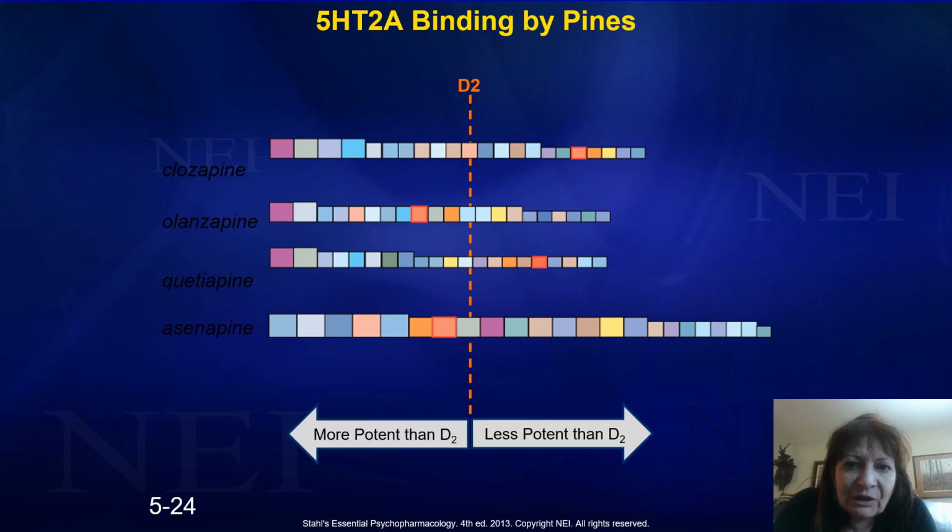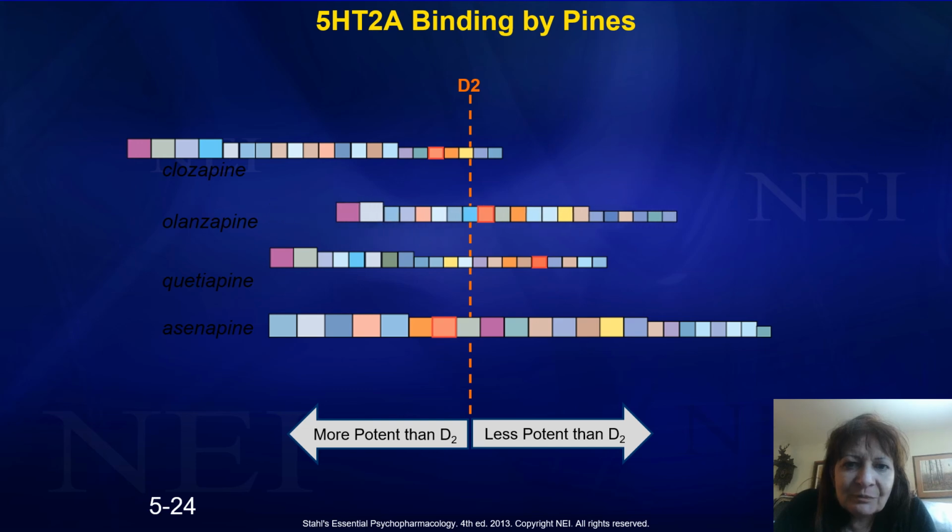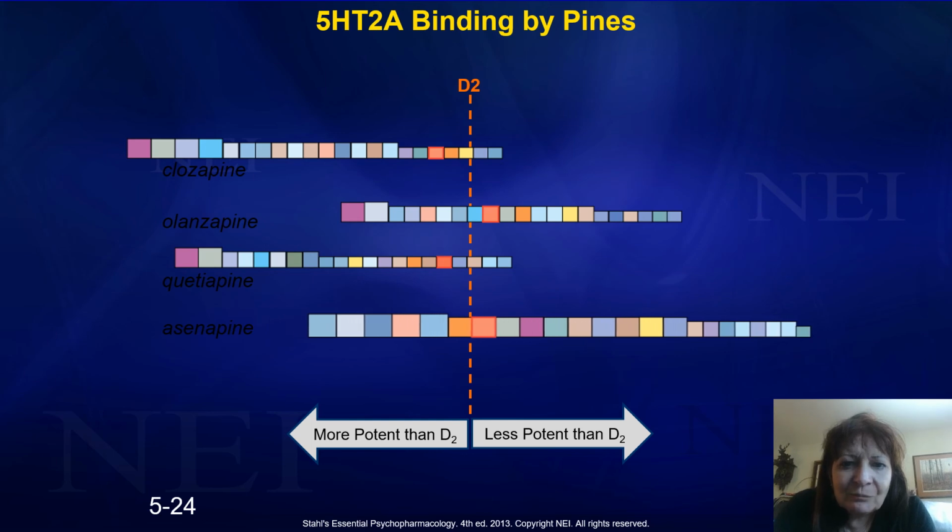There we're looking at the vertical line going through D2, and to the left of the line there's an increase in binding potency, and on the right binding properties are less potent.